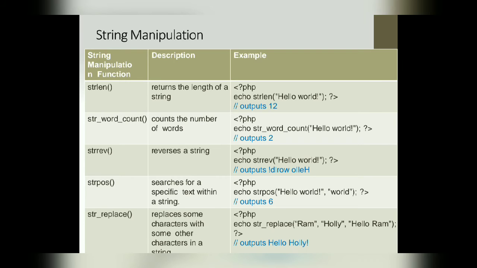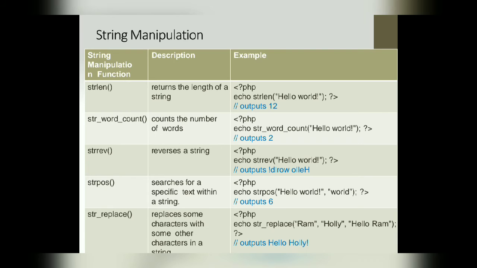Then str_word_count counts the number of words. Again, we start with the PHP script and write the echo statement with str_word_count. So it will count the words that are used in your print statement or echo statement.